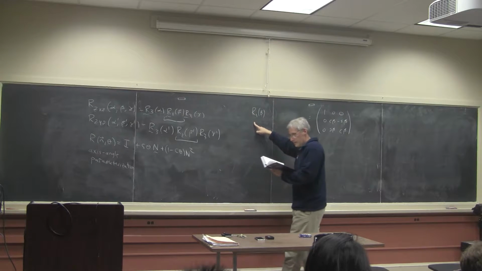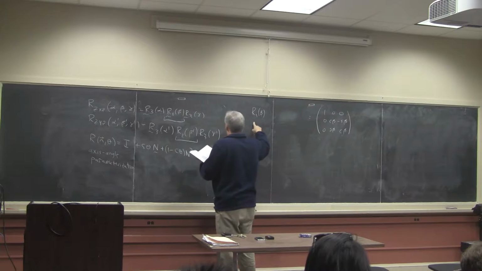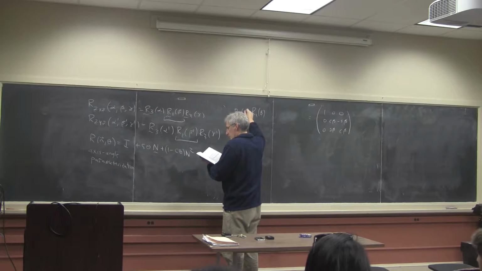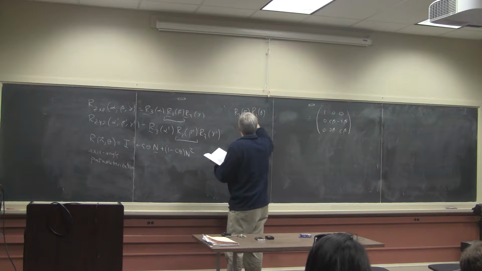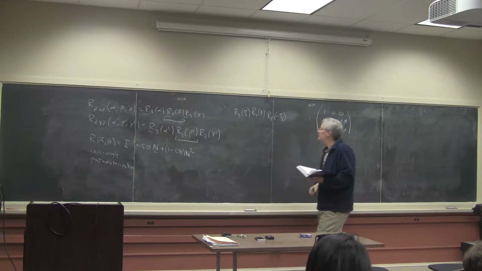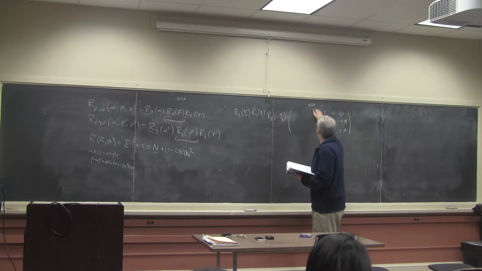If I multiply this on the left by R3 of pi over 2, and on the right by R3 of negative pi over 2. Okay, something interesting happens. Let's see what happens.